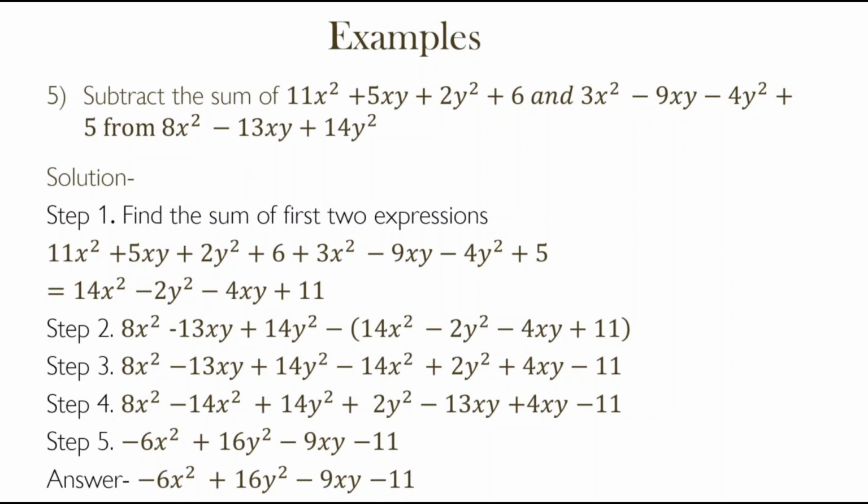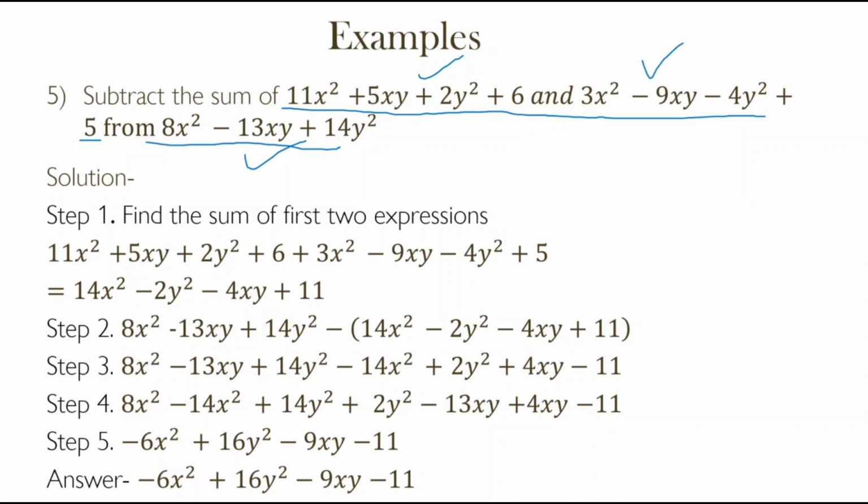So this question is a bit different. Why? Because they are saying subtract the sum of these two algebraic expressions from the third one. So first we need to find the sum of these two. Then whatever we get, we need to subtract from the last one.